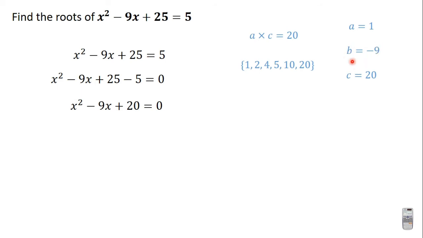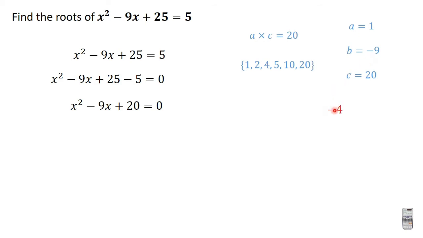But here, b is giving us minus 9. It means that we have to do some small adjustments to 4 and 5 such that it will fit both conditions. So what can we do to 4 and 5 such that when we multiply them, we will get 20, and when we add them, we get minus 9? We will have to negate both 4 and 5.